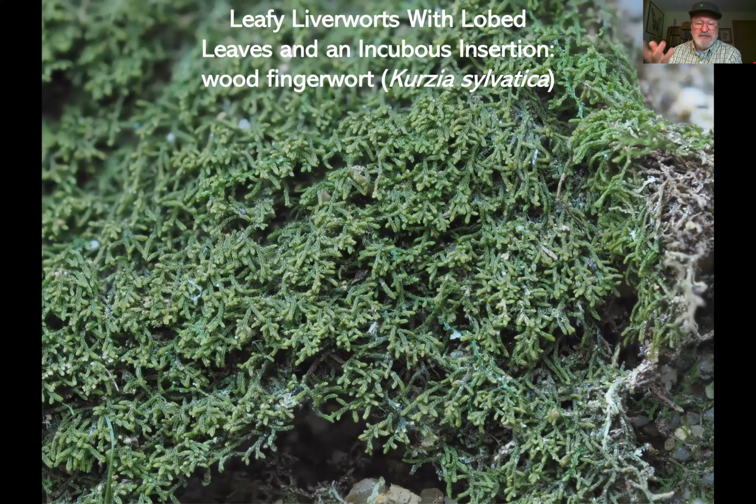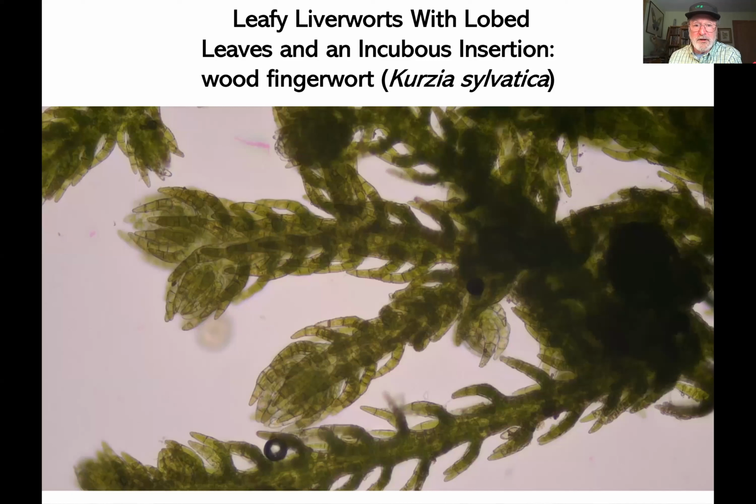So it's like half of 35 millimeters. And I guess it's about 3/4 of an inch, this whole scene. And this is called wood fingerwort. Teeny guy. And through the microscope, it has very deeply lobed leaves. It's a little difficult to actually deduce the insertion type, but it's a very distinctive liverwort, Kurzia sylvatica.